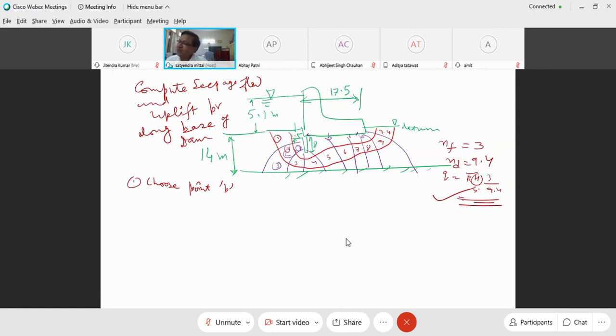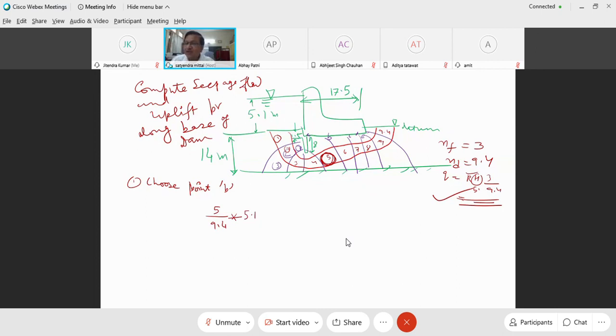Now at B, up to this point B, 5 potential drops have already taken place out of 9.4. So 5 out of 9.4 is the ratio of the potential drops. 9.4 is the total. Now, what will be its effect as compared to the head? Head is 5.1.